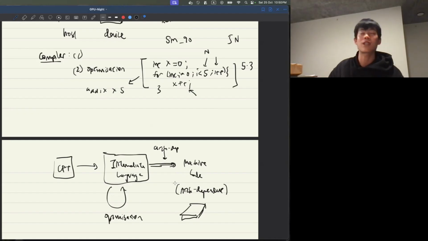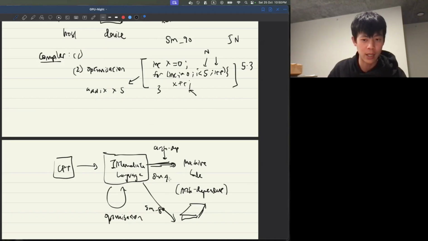Let's say you suddenly upgrade all the chips on your server for some reason, right? You can just start off from this intermediate language and compile to, let's say, SM80, for example. This you compile to SM90. So it makes it very portable as well, right? So there are two reasons: one is optimization, and the other is portability. That is why we usually have this intermediate language.